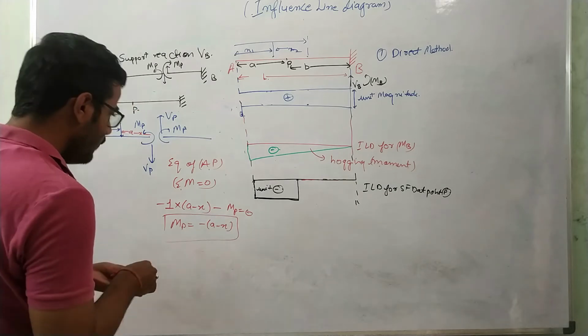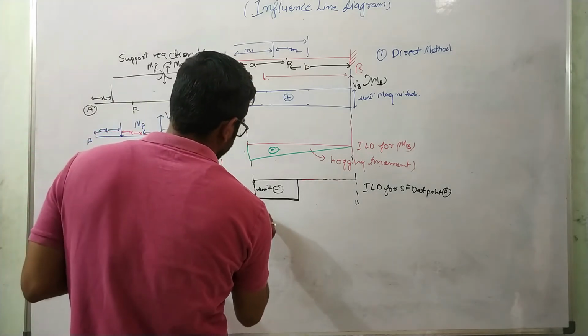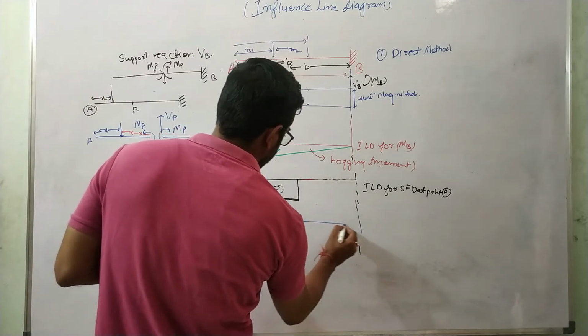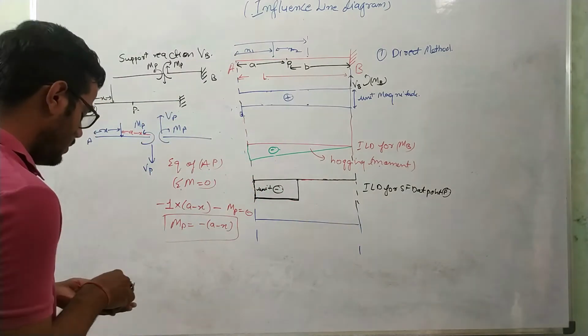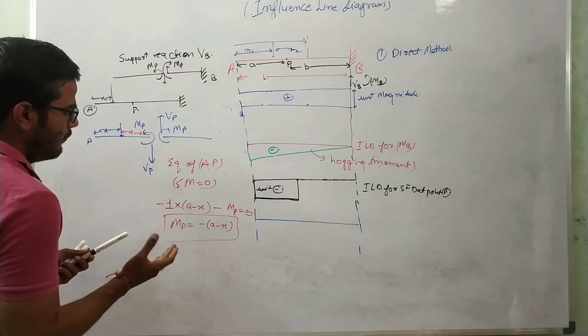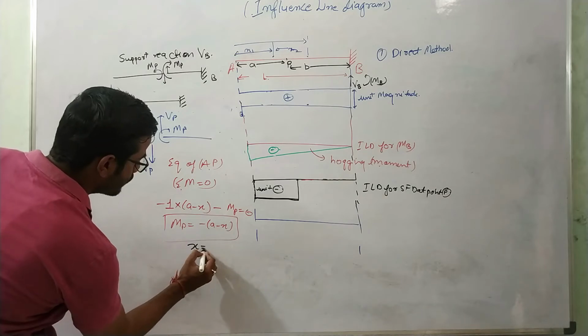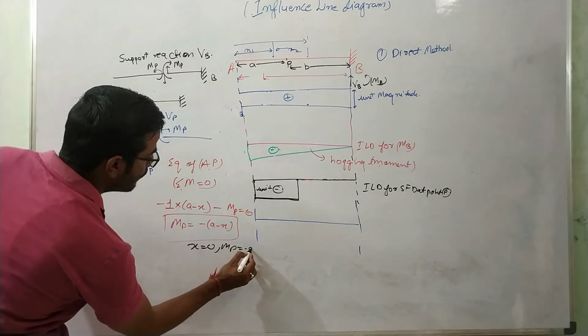So if you draw the ILD for this thing, when x equals to 0, what will be the MP? When x equals to 0, MP will be minus a.